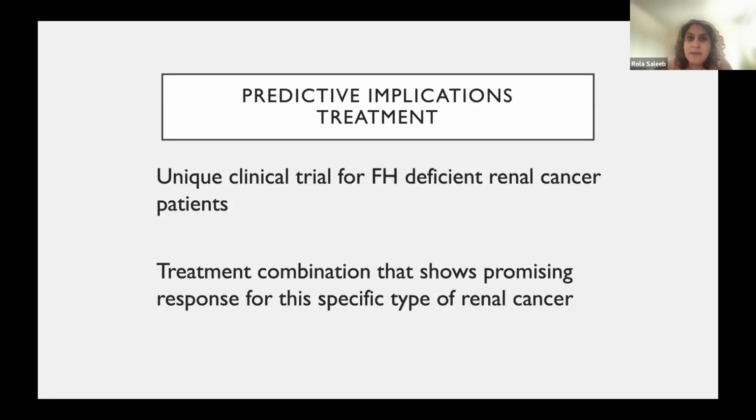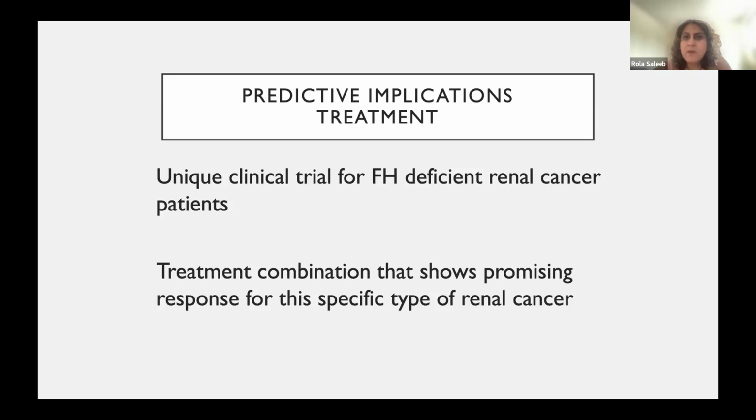The other aspect that can also be important is the treatment of this cancer. If the patient develops metastasis, if the cancer grows outside of the kidney, these patients get systemic treatments similar to chemotherapy or the newer forms of therapy. And not all current therapies work for this type of cancer.